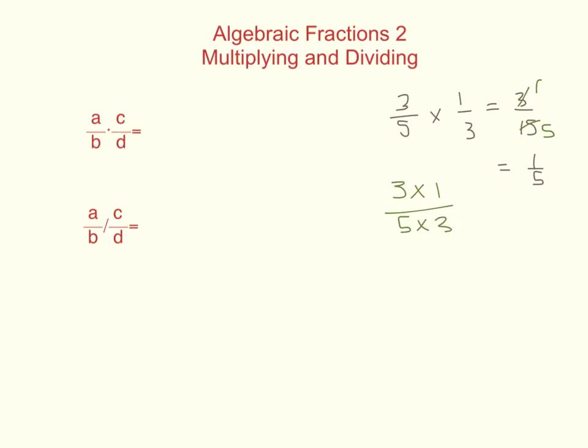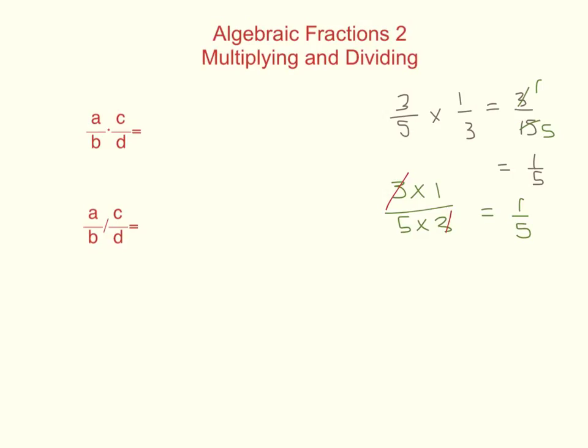Now the minute that happens, I've literally got 3 divided by 3 there, because I can swap things around if I want. I can have this as 1/5 times 3 over 3. So long as they're multiplying, this works. 3 over 3, which I can now cancel out. And so my final answer is just what's left, which is 1 over 5. You can see just the 1 and the 5 there.